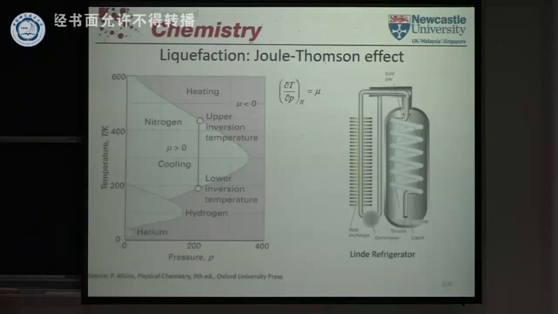And actually the company Linde, maybe you have heard about this. There was a Professor Linde, a professor at the Technical University of Munich. He developed this process when he was a professor, and then he had, this is the entrepreneurial spirit, right?